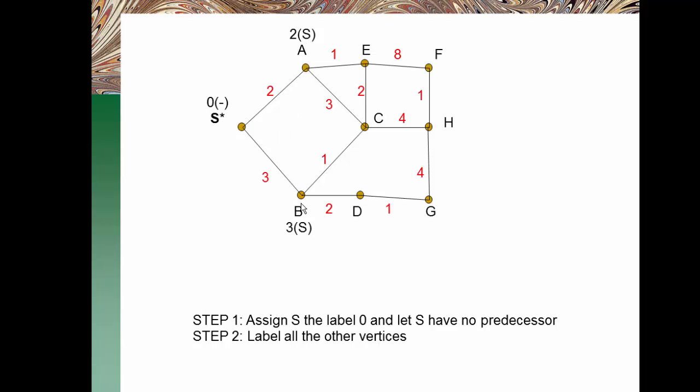Vertex B is labeled 3 and in parentheses S. The other vertices that are not adjacent to vertex S are labeled with infinity and in parentheses S. The infinity here is just a symbol meaning that this is not adjacent to vertex S. So all the other vertices are labeled with infinity.